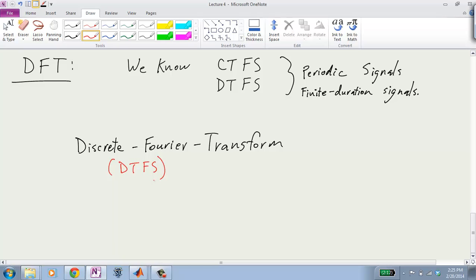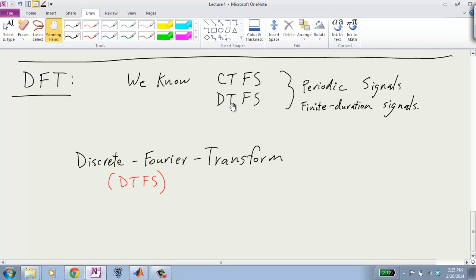Well, for one thing, the DFT is what's used in practice all the time, and it has just a teeny difference from the discrete time Fourier series. The naming of discrete Fourier transform is meant to imply that in time it's discrete and in frequency it's discrete.